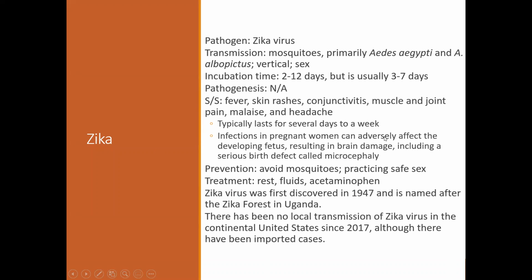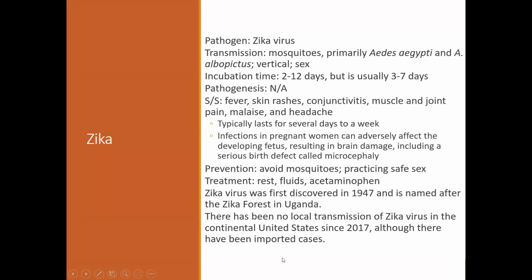The issue really with Zika is infections in pregnant women, because it results in a birth defect called microcephaly, where the child has a smaller than normal head size, which results in brain damage. The other really unique thing about this one is that it can be transmitted through sexual contact. This is not something that we see with other arboviral diseases.